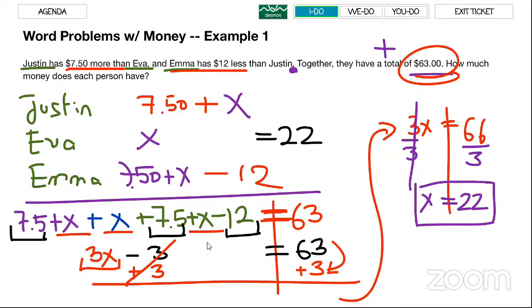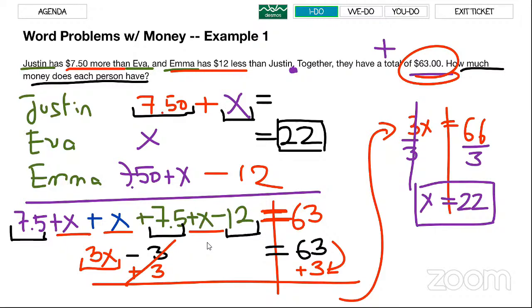Because the question is how much does each person have, we figured out how much Eva has: it's 22. And for Justin, he has 7.5 more than Eva. So you have to add 7.5 to the value of X, which is 22, and that becomes 29.5.